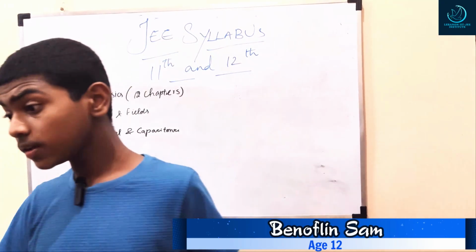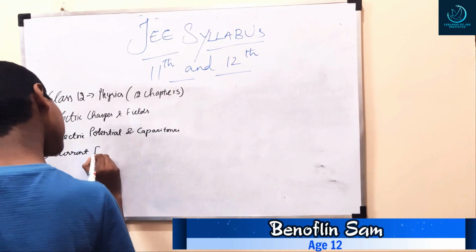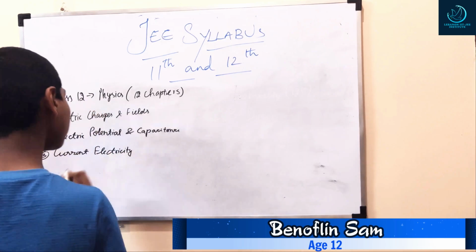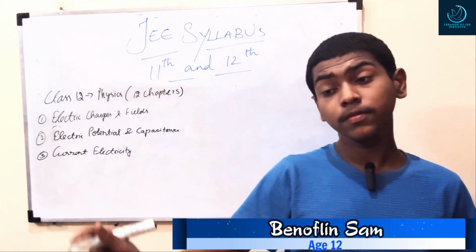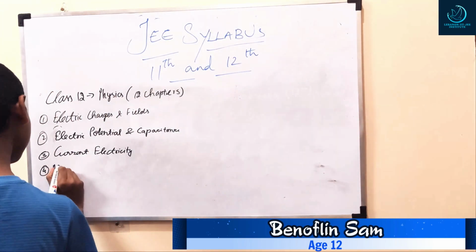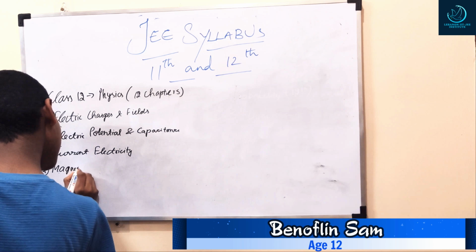The third one is current electricity. The fourth one is magnetism.